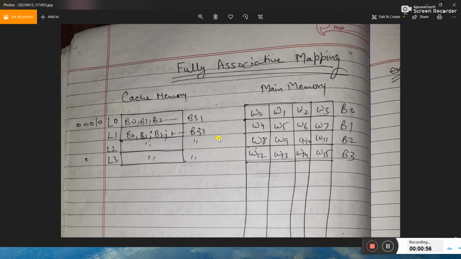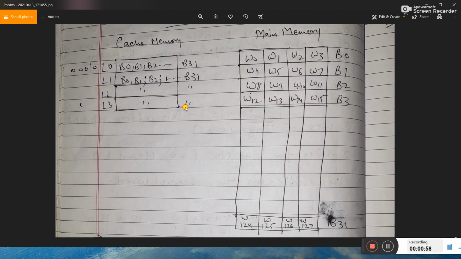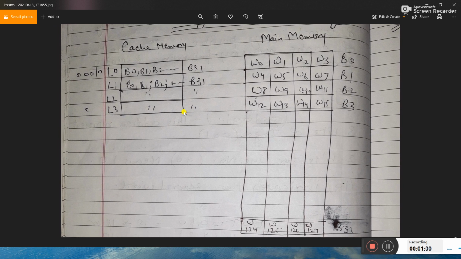I am taking the same example of 31 blocks. The same number of blocks and words are there, and we have a tag of 5 bits, because all the blocks are possible in any of the lines. L0 may have B0, B1, and so on.